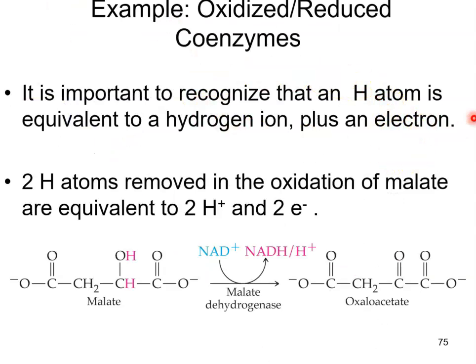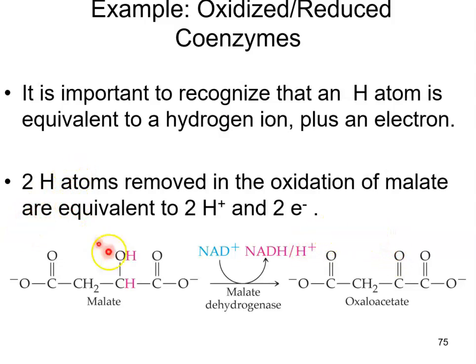So it's important that the hydrogen atom is like a hydrogen ion, the H plus, plus an electron. The electrons are an important part of oxidation or reduction, the gaining or losing of an electron. And so when we add more hydrogen bonding, we're gaining electrons for that system.